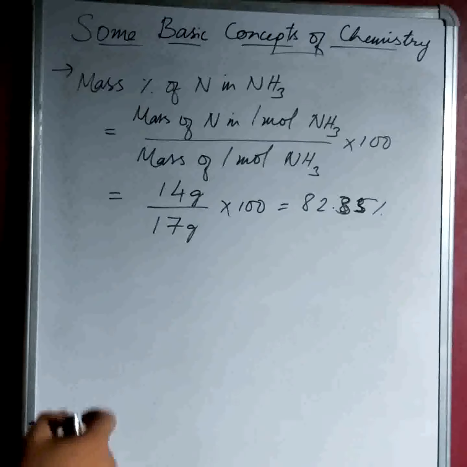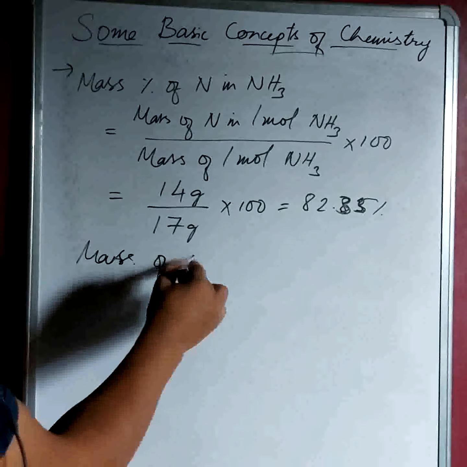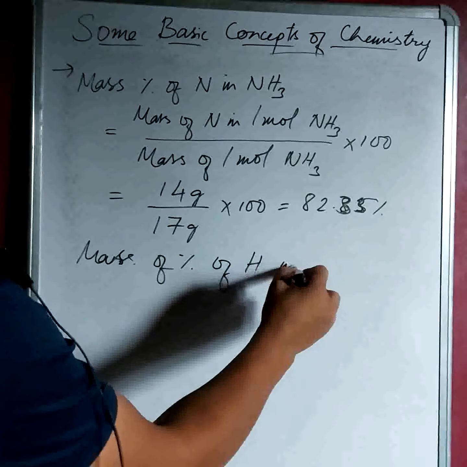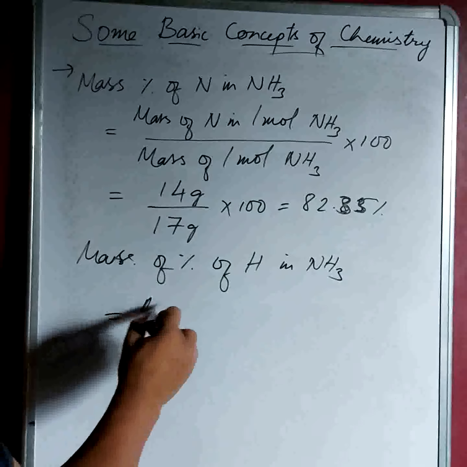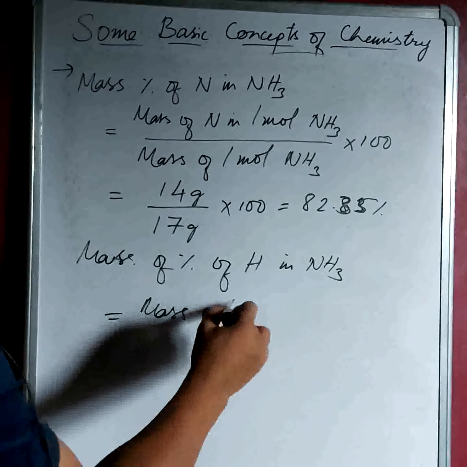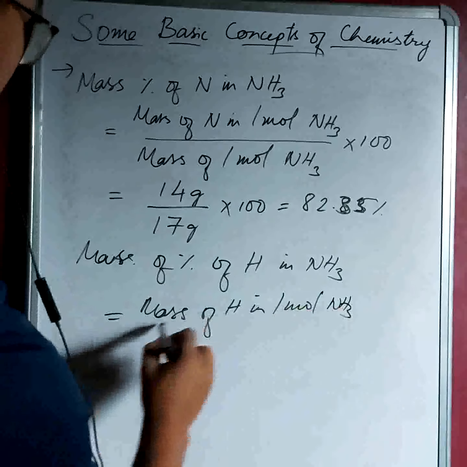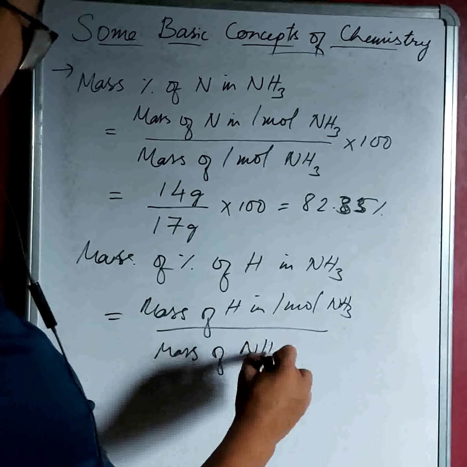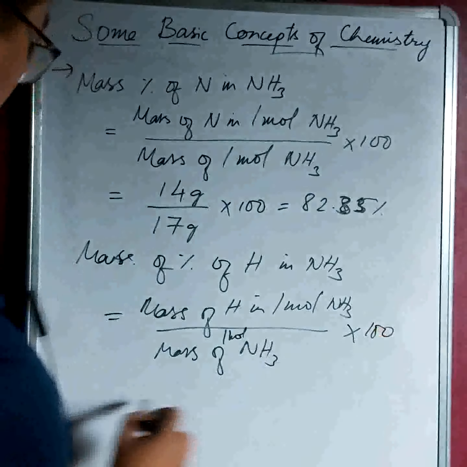And the mass percentage of hydrogen in ammonia, in the same way, is the mass of hydrogen in 1 mole of ammonia over the mass of 1 mole of ammonia, into 100.